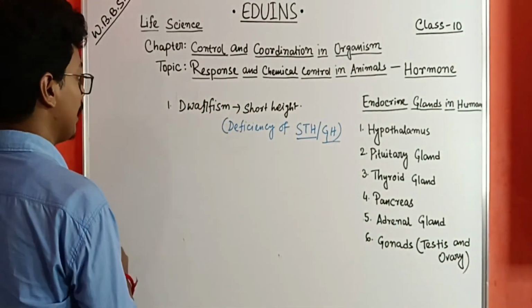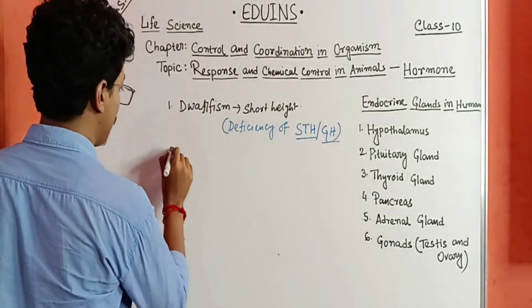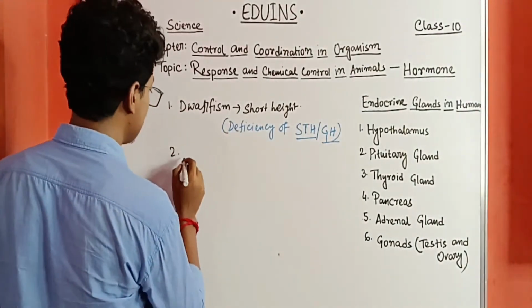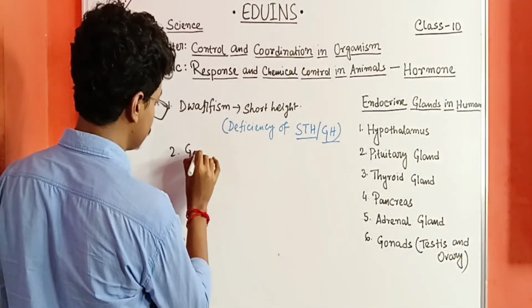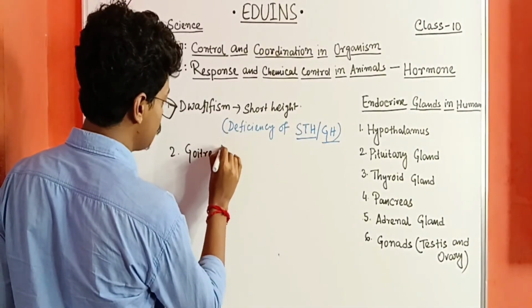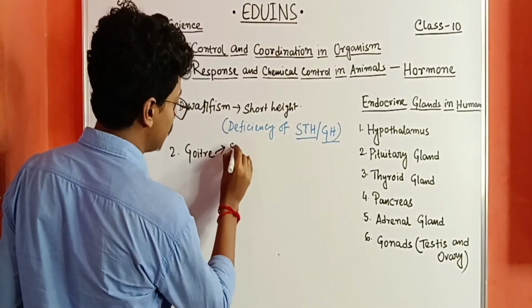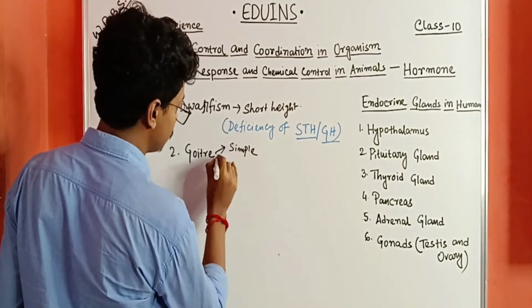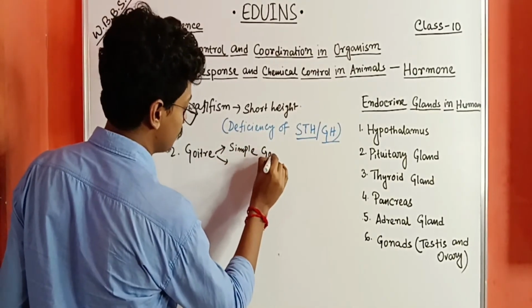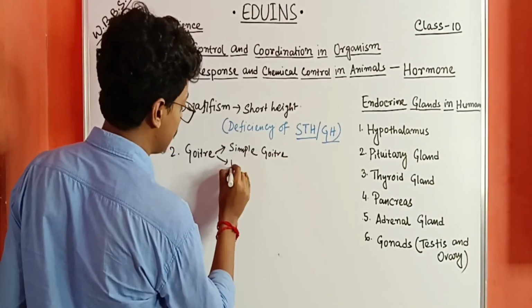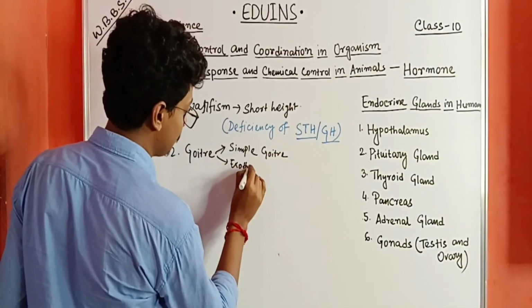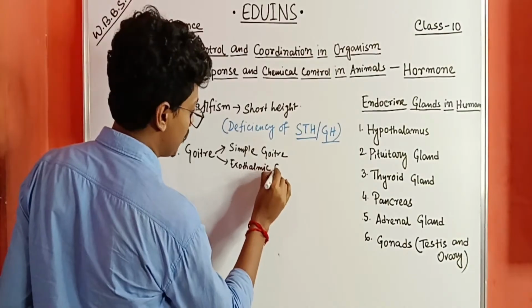Number two, we have already discussed previously, that is goiter. There are two types of goiter: simple goiter and exophthalmic goiter.